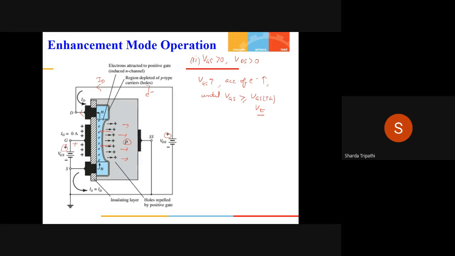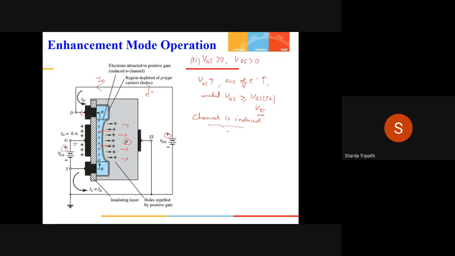So what we saw just now is that if we increase the value of VGS, some electrons are attracted, and if VGS is large enough so that it crosses some threshold voltage, then a channel is induced. This channel is then capable of supporting the flow of current into the device.